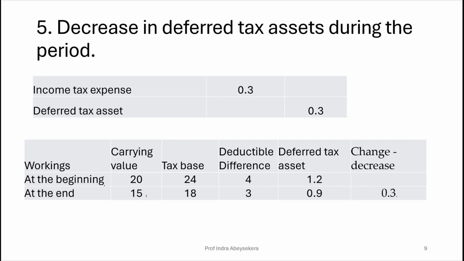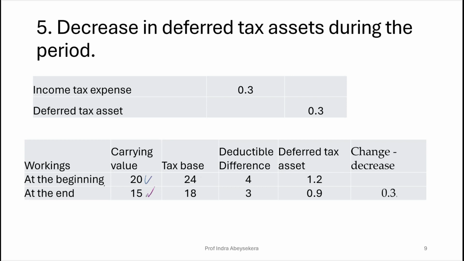If you look at the carrying value of the asset, had the asset not been sold, it would have been $20,000. And because of the depreciation, which is $5,000, at the end it should have been $15,000.